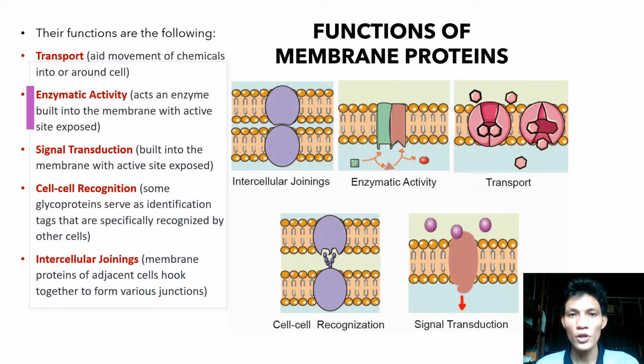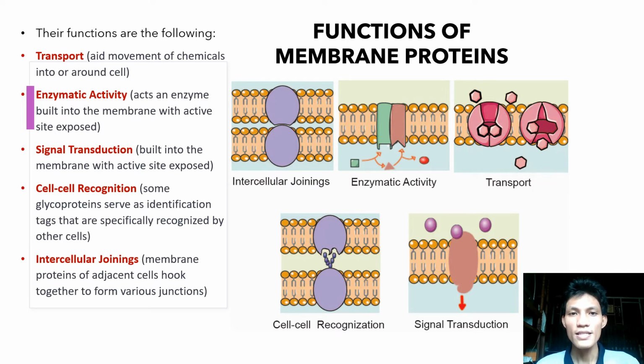First is transport, which aids movement of chemicals into or around the cell. Second is enzymatic activity, acting as an enzyme built into the membrane with active site exposed. Third is signal transduction, built into the membrane with active site exposed.